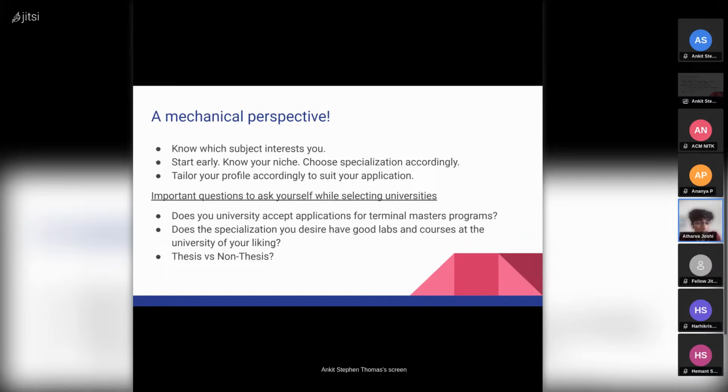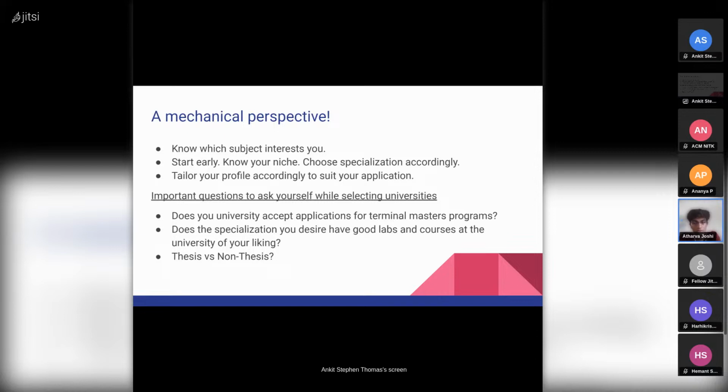Another important question you ask yourself is thesis versus non-thesis master's, right? Personally, I chose a thesis option because I had a certain knack for research, and I still wanted to continue into a PhD program. While applying for an MS, the thesis option is where you'll have to present a master's thesis at the end of your degree, and a non-thesis is just coursework.